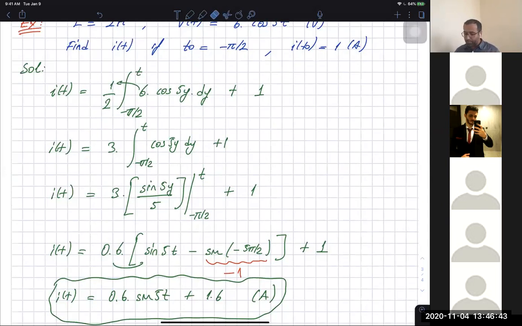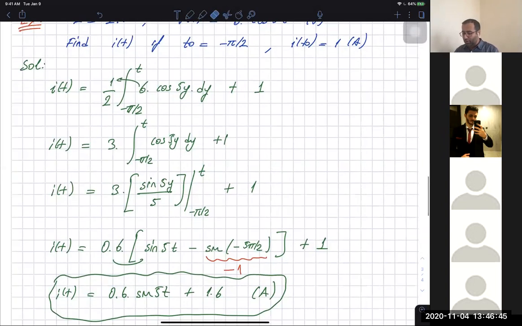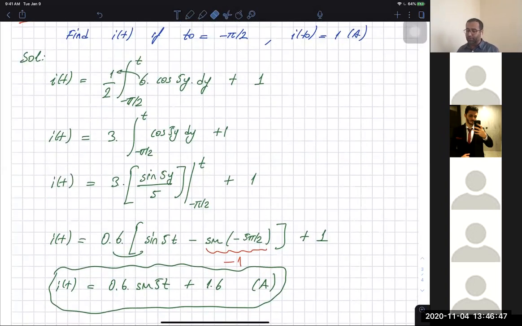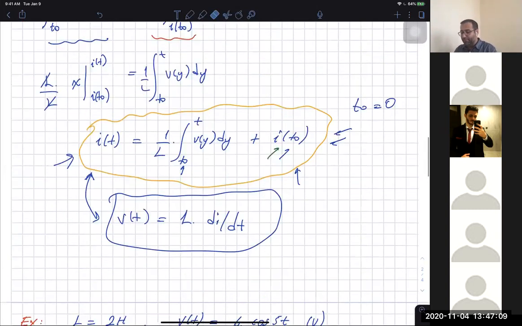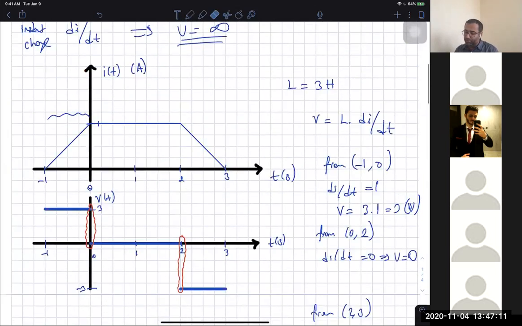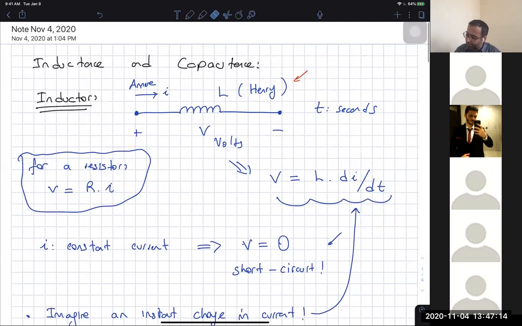Okay. So this is how we can calculate the current given the voltage equation. If you really focus on what is going on here, most part of this is from your math class. It's basically math. We're just trying to use some equations that we generate based on math, but we all started with this very fundamental equation right here.